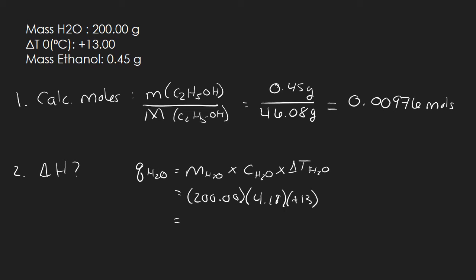Go through and do your calculation, and you get 10,868 joules. At this point, you could convert it to kilojoules because the problems usually ask for kilojoules. It doesn't matter. But all we have found right now is how much energy the water had absorbed.